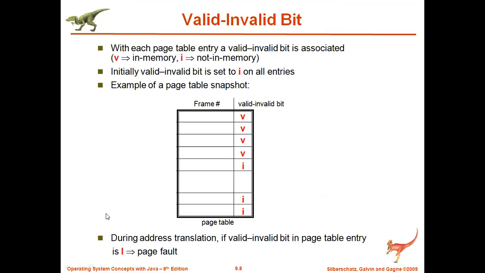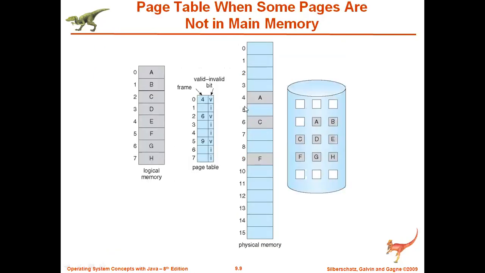In this, we have already seen V and I in the page table. We have used some bits in the page table itself. The page table has three columns. One is indexed by the page numbers, the second column indicates in which frame that particular page is stored, and the third one indicates V and I. What are V and I? Anybody remember? Valid bit and invalid bit.